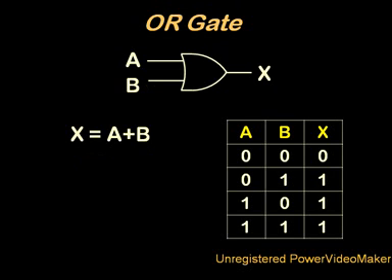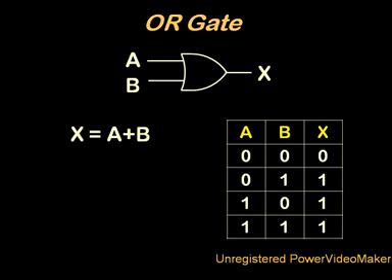The next gate, if you could think about the opposite of an AND, is sort of an OR. This gate gives you a 1 if either A or B is a 1. So you can see that there are three different combinations of A and B that give you a 1 for X here. And we write this with a plus sign in Boolean algebra. Now this is a little bit weird.